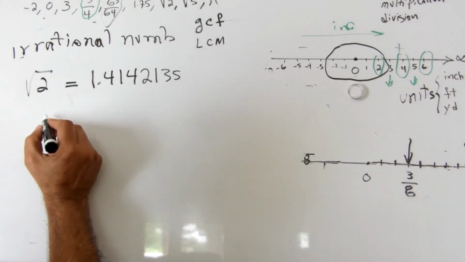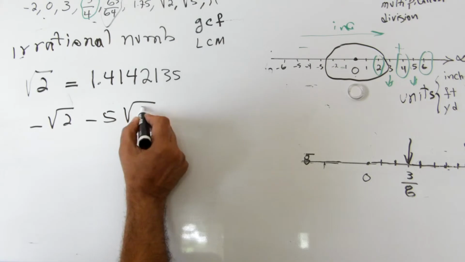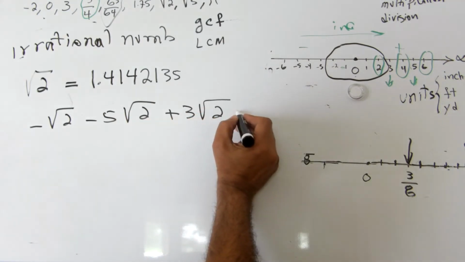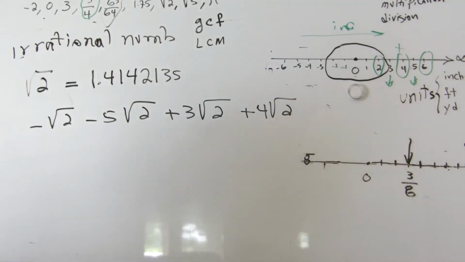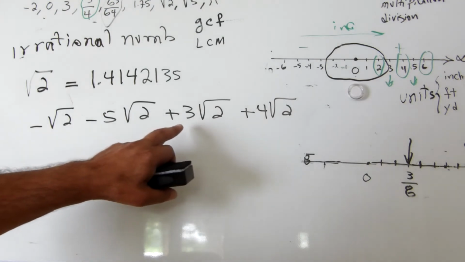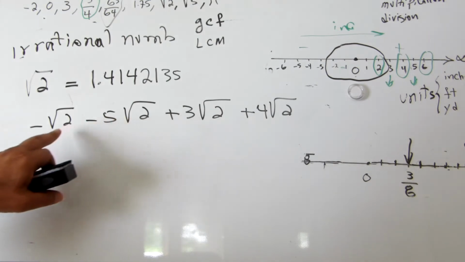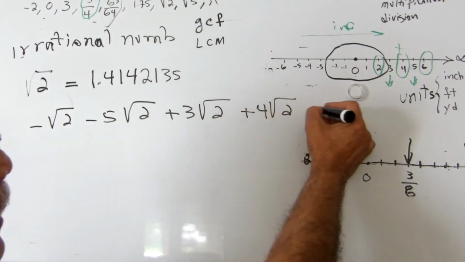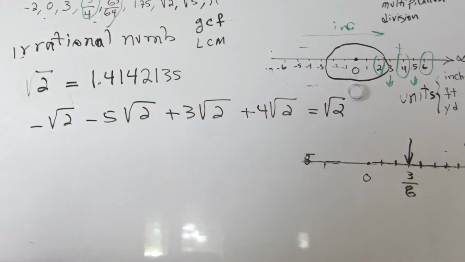See, we have like minus radical 2, minus 5 radical 2, plus 3 radical 2, plus 4 radical 2. See what's going to be the result? Minus 1, minus 5, minus 6. And we have plus 7. Minus 6 plus 7 is going to be 1. See?